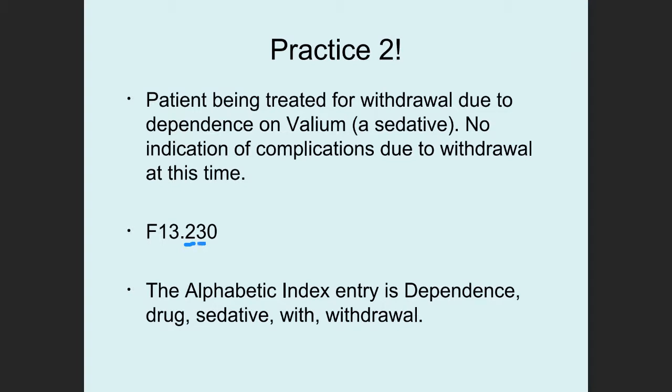The final digit, 0, indicates uncomplicated. So all of this is incorporated into the code. So we're going to say it's uncomplicated. There's no other possible conditions, delirium, perceptual disturbances, other things documented.